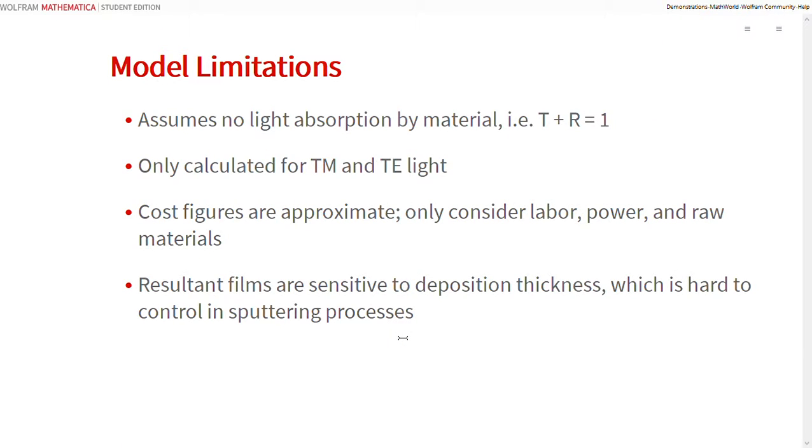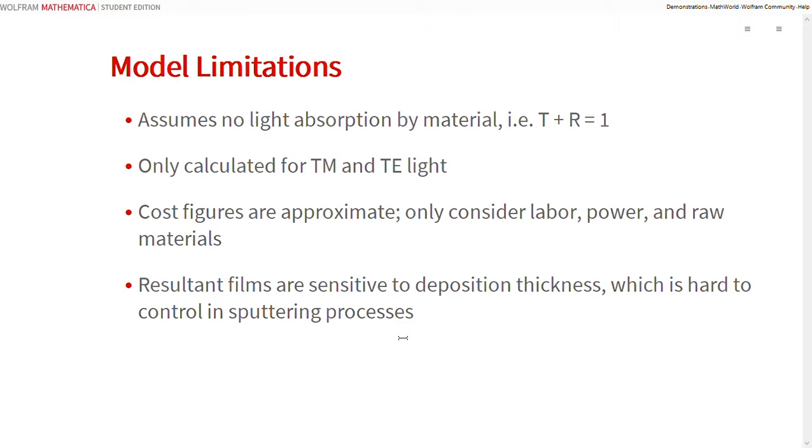The limitations of the model, for one thing, it assumes there's no absorption of the light by the material, so transmission and reflection add up to 1. And it's also only calculated for transverse magnetic and transverse electric polarized light. In reality, it's unpolarized light that's being fed into this dichroic mirror, and we basically assumed that if both transverse magnetic and transverse electric met the criteria, then the unpolarized light would do the same.